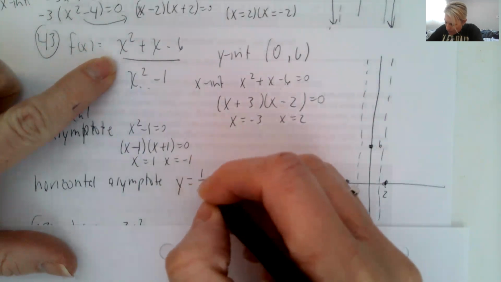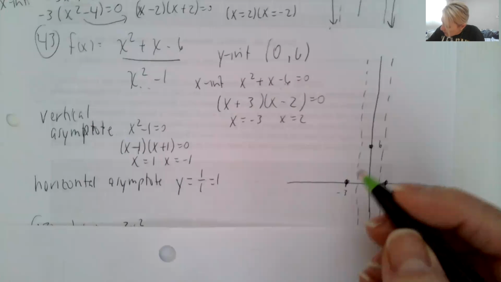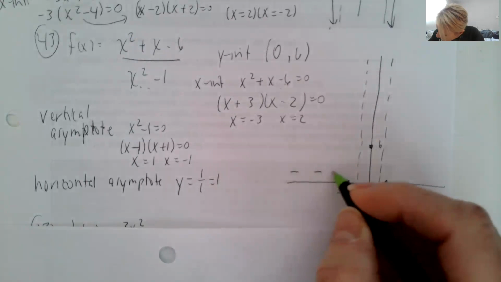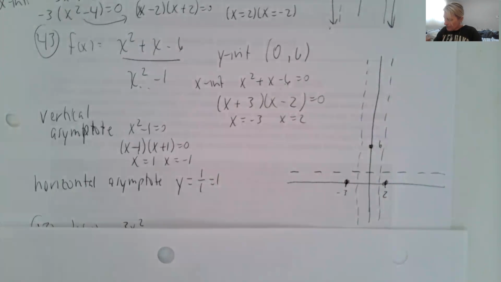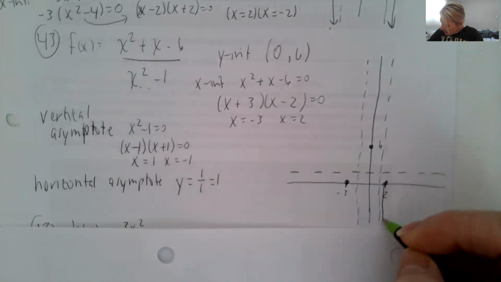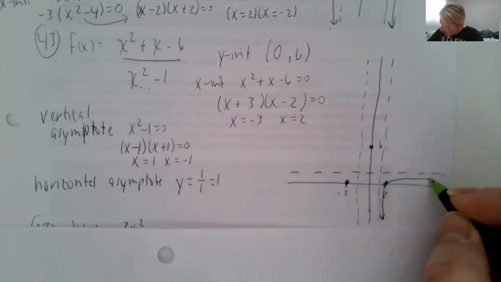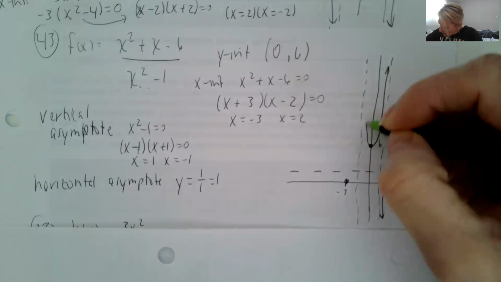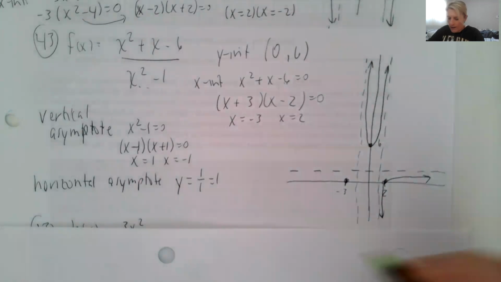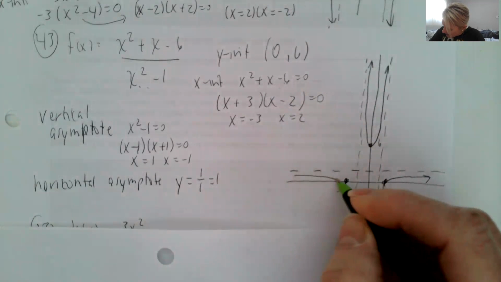So at y equals 1 over 1, which is 1. So we have at y equals 1, we have a horizontal asymptote here. Okay. So it means it's going to get really, really close to that, really close to this, really close to that. And then down here, same thing.